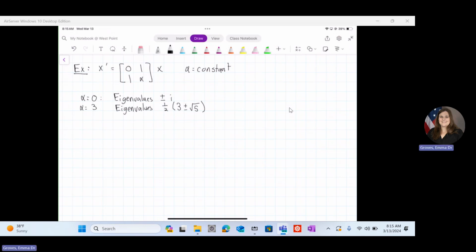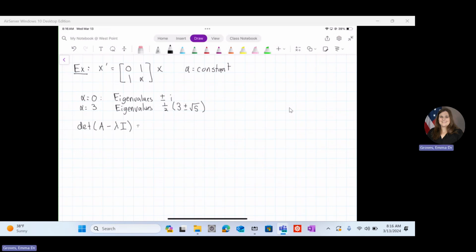How do we find eigenvalues? Yeah, perfect. So we take the determinant of A minus lambda I, so that's lambda times the identity matrix, right?